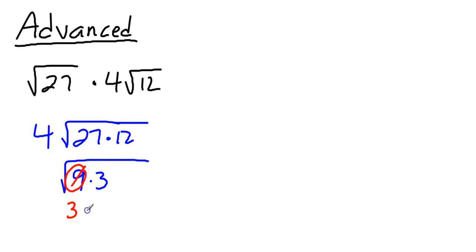So there's 3 square root of 3. With the 12, 12 would be 4 times 3. You can do the square root of 4, so you can take that 4 out. Square root of 4 would be a 2. Then you've also got a square root of 3 that's left on the inside.